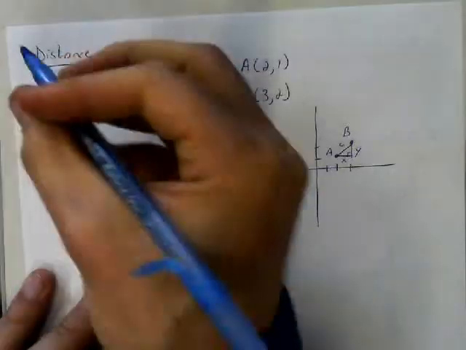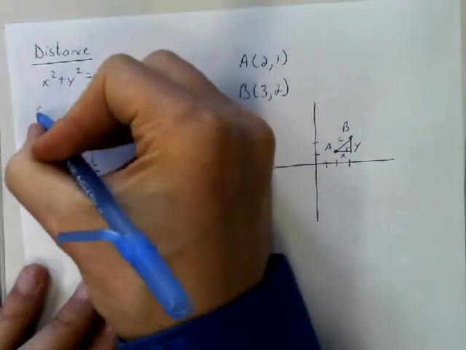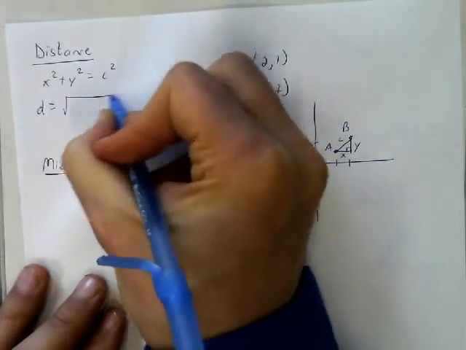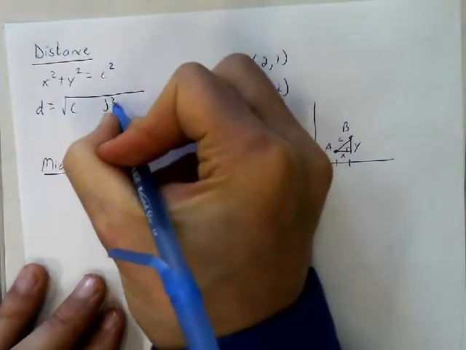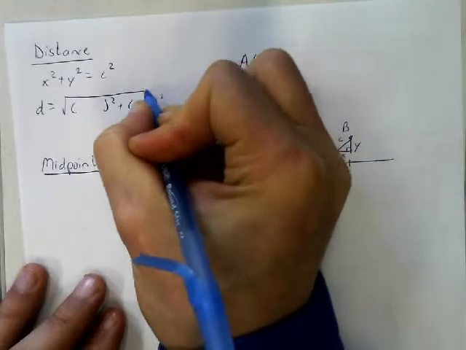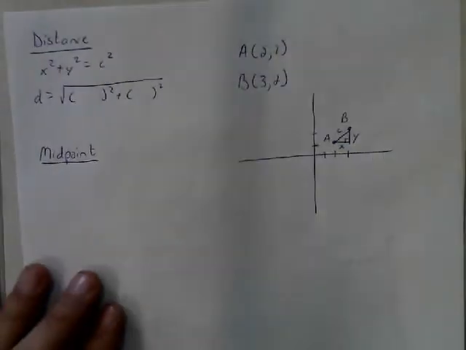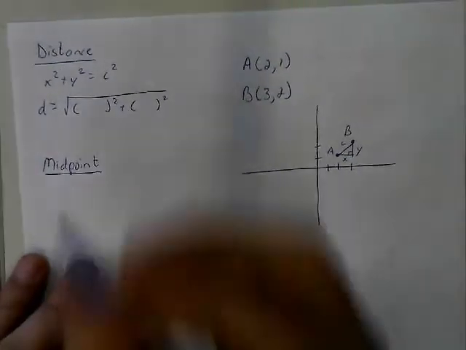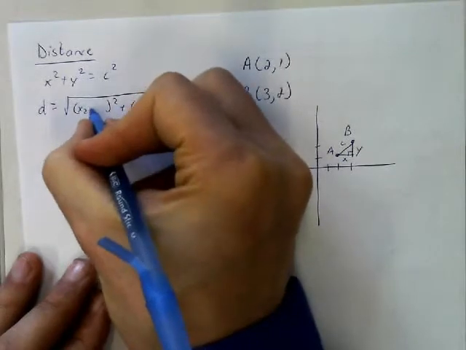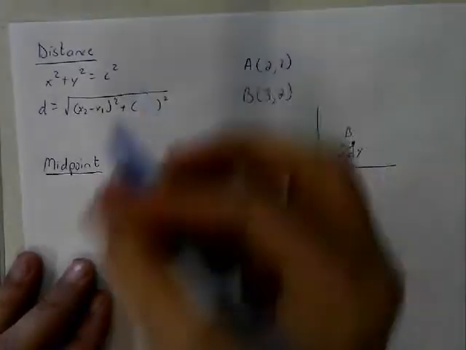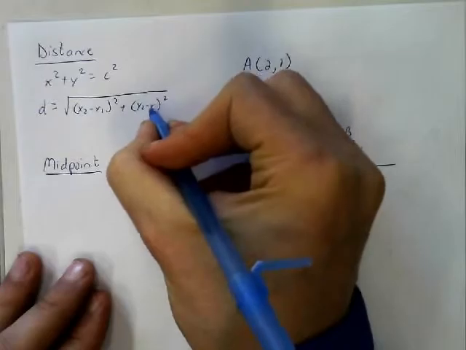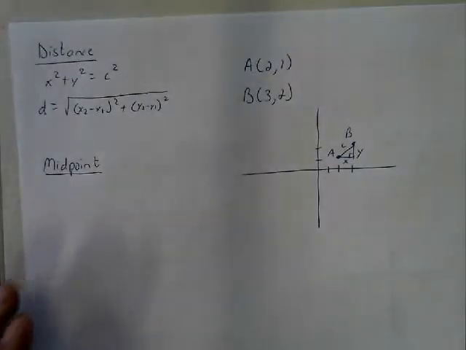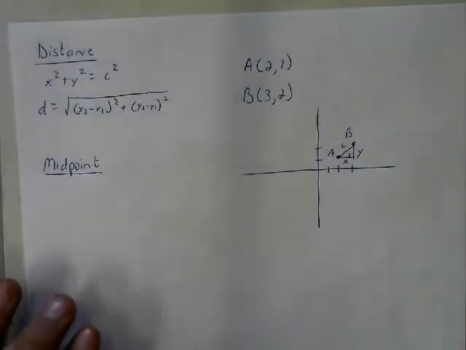And we often write that as the distance equals the square root. So in other words, we're solving for c, the square root of the differences of the x's, the differences of the y's. Or in other words, the length in the x direction, the length in the y direction.